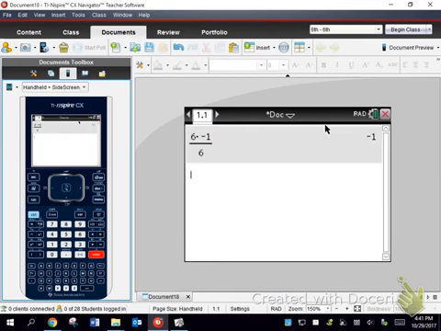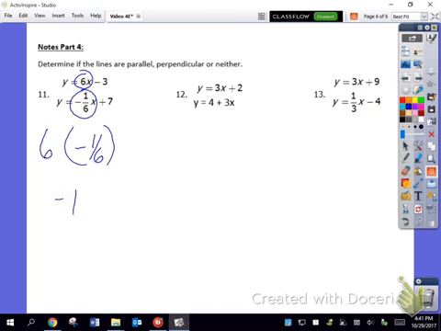And you get negative 1. So this gives me negative 1, so these are perpendicular. You have a positive and you have a negative, and then the 6 over 1. When I flip it, when I take the reciprocal, they trade places. So that's perpendicular.